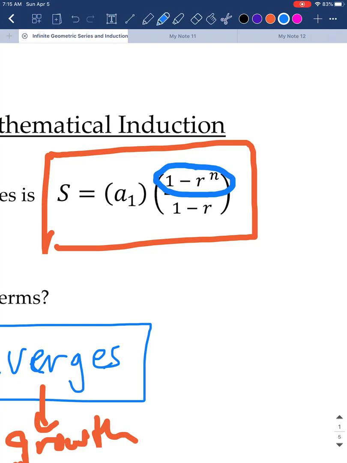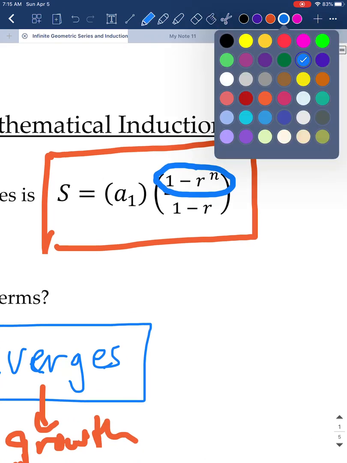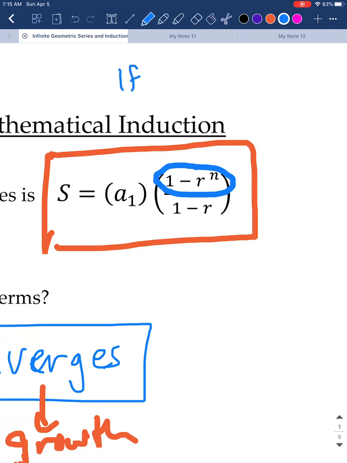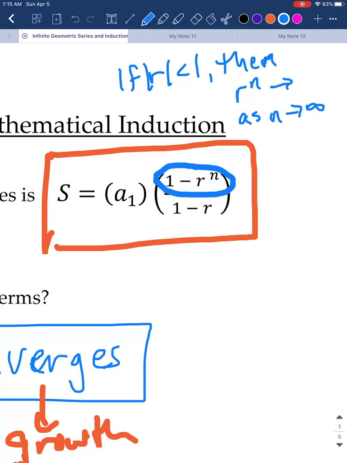Well, let's just note, if r is less than 1, then r to the n approaches what value as n goes to infinity? Okay, so imagine we have 1/2 in there for r. As n approaches infinity, what is 1 over 2 to the nth power going to go to?